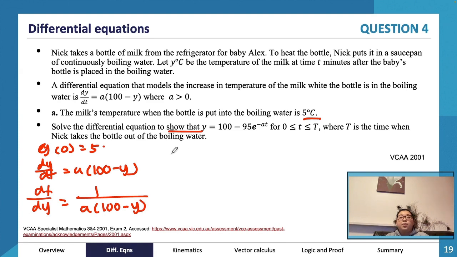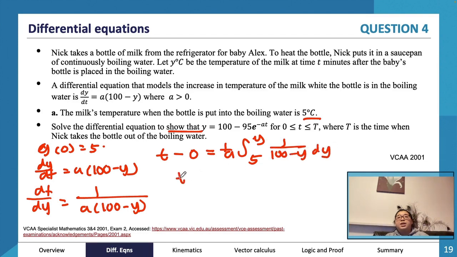So we're going to get 1 on a, t minus 0 will equal 1 on a times your antiderivative from y to 5, because it's 5 degrees initially, of 1 over 100 minus y dy.